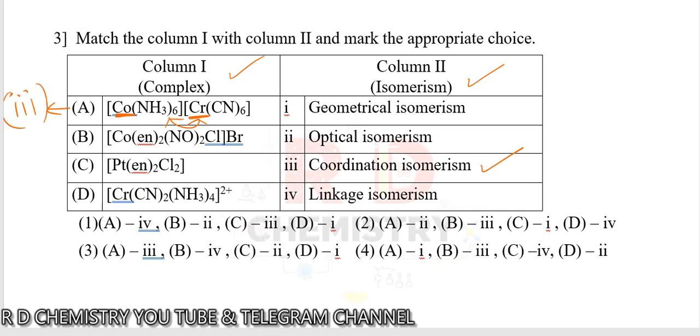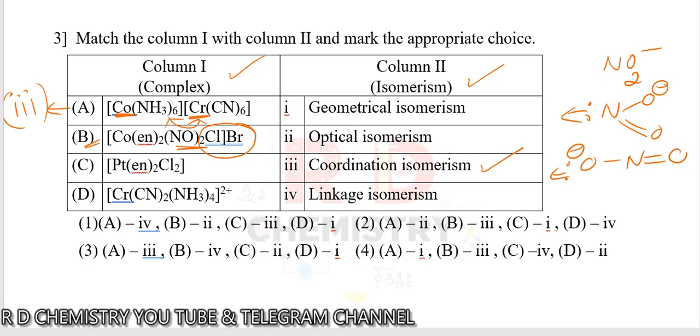See the B complex now. In the B complex, there is a NO2. It can be Br outside, so it can be ionization isomerism, though that is not mentioned here. But we have NO2 minus. Either nitrogen can donate the electron pair, or oxygen can donate the electron pair.